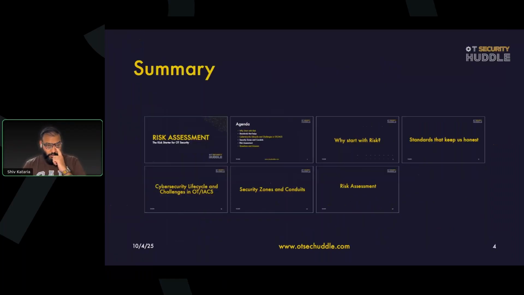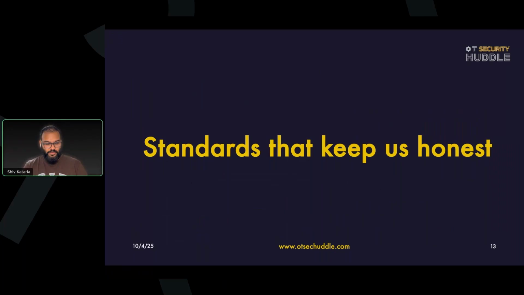So to do the risk assessment, there are good standards available for us, and these standards keep us honest in terms of how you systematically identify the weaknesses in your system, the threats that might come to your system, and also understand the consequence, impact, the exposure, all sorts of things.